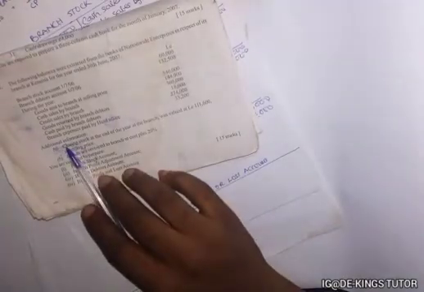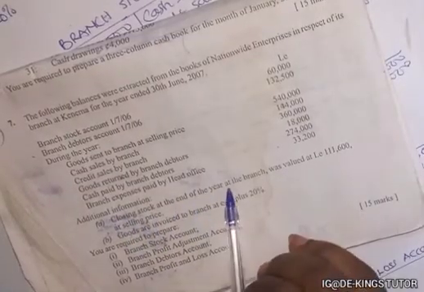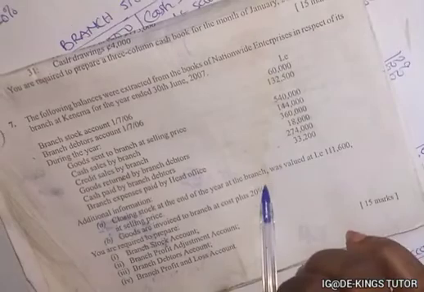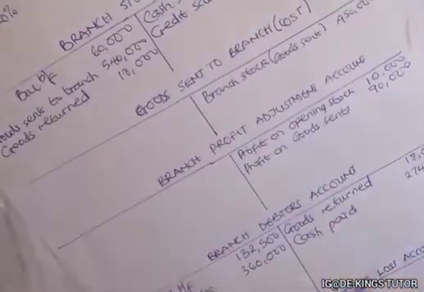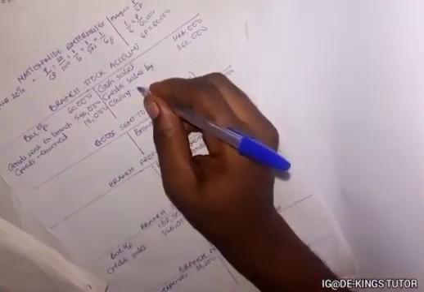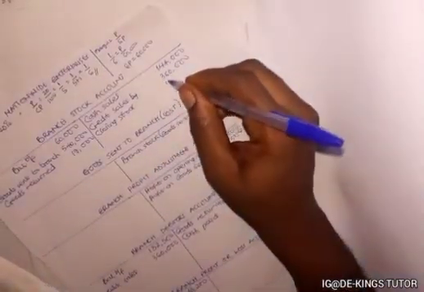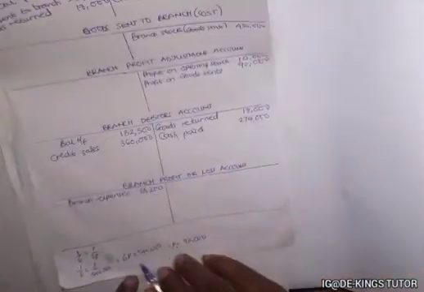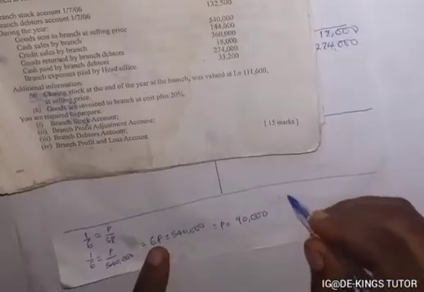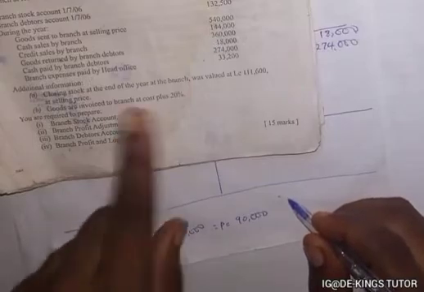Okay, now the additional information said closing stock at the end of the year at branch was valued at 111,600. The closing stock was valued at this amount. So the closing stock now will be credited here. Closing stock 111,600. Why? To get the profit on the closing stock. So we're going to still use this method, but let's just say the 111,600 divided by 6, to get the profit on the closing stock.